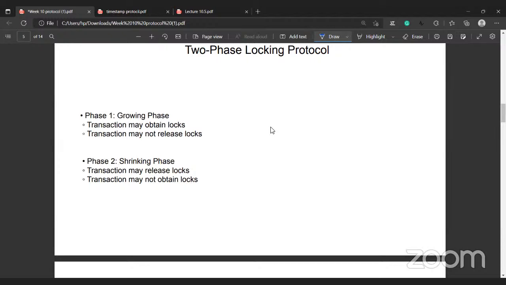A transaction is said to follow the two-phase locking protocol if locking and unlocking is done in two phases, the growing phase and the shrinking phase. In the growing phase, a transaction may obtain locks but may not release locks. In the shrinking phase, it may release locks but cannot obtain any locks. Everyone got it? What is the two-phase locking protocol?